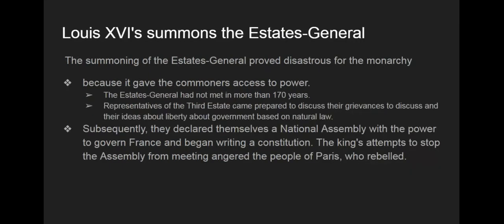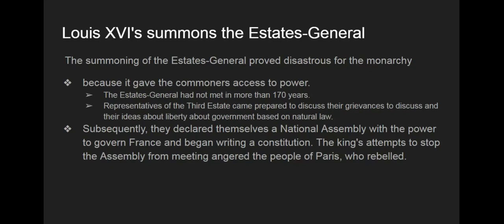So Louis XVI summons the Estates General. Now, this proved to be a big mistake for King Louis. The summoning of the Estates General was disastrous for his monarchy because it gave commoners access to power. The Estates General had not met prior to that in more than 170 years. Representatives of the Third Estate came prepared to discuss their grievances and their ideas about liberty, about government based on natural law.